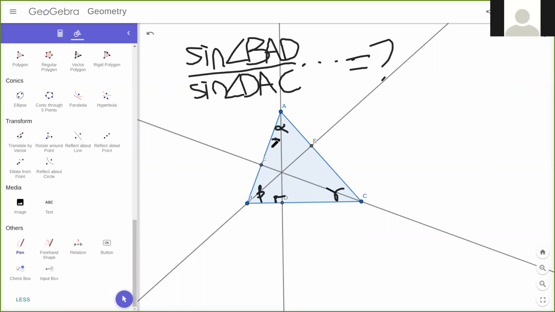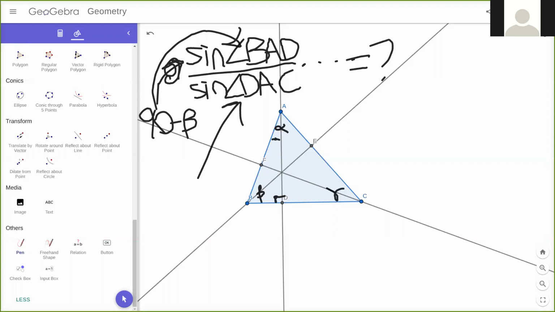So because it's a perpendicular, angle BAD is 90 minus beta. And then this angle right here, angle DAC, is 90 minus gamma.